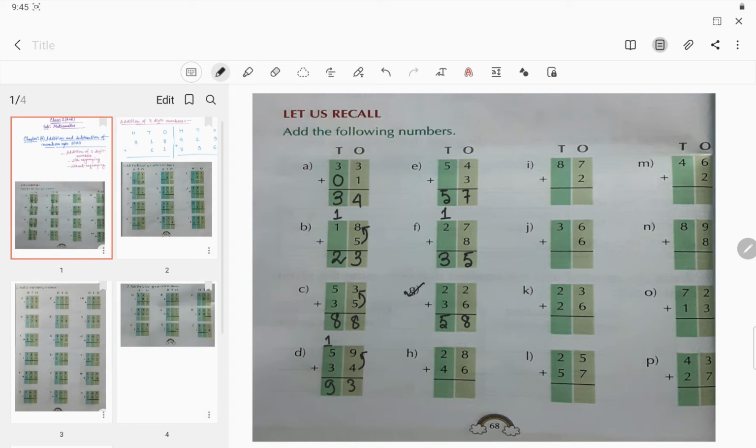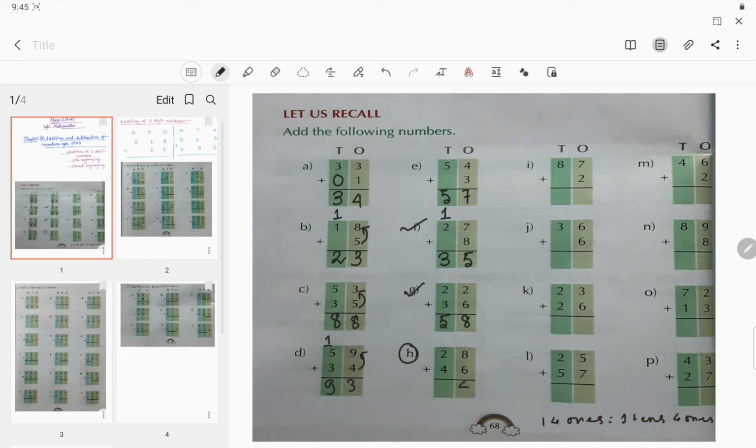So this is the example of addition without regrouping, and this is the example of the addition with regrouping. The 8th question is an example of the addition with regrouping, because when you are adding the digit in the ones place, 8 plus 6 is 14. 14 ones means 1 tens and 4 ones.